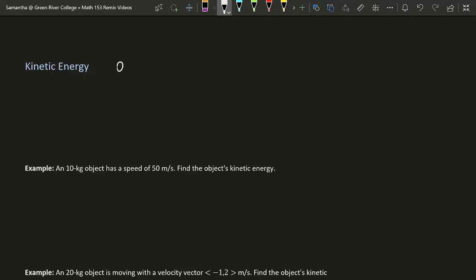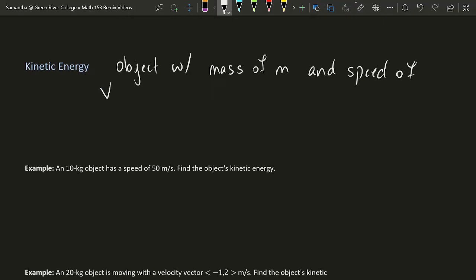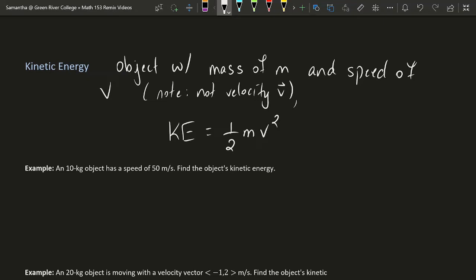If you have an object with a mass of m units and a speed of, let's say, v, with no arrow on top of it to indicate that this is speed and not velocity, then the kinetic energy of the object is given by the following formula. The kinetic energy is equal to 1/2 the mass times the speed squared.